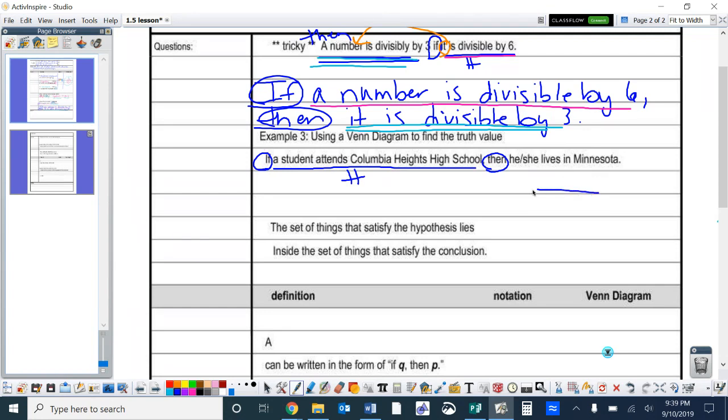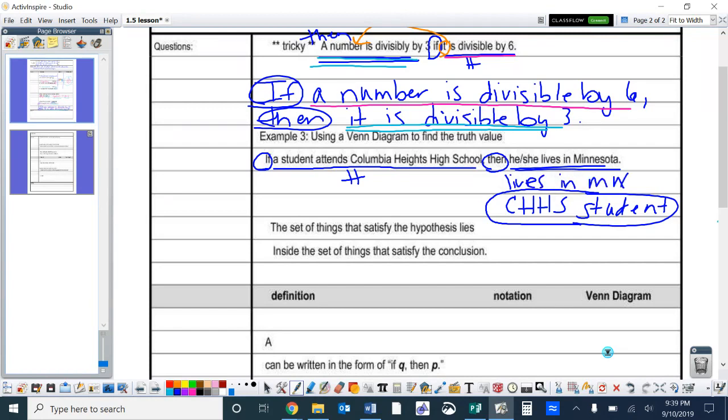So I'm going to put that in an inner circle. Columbia Heights High School student. And the conclusion is that he or she lives in Minnesota. That goes in the outer circle.